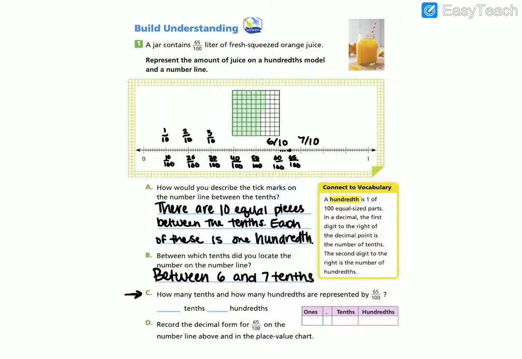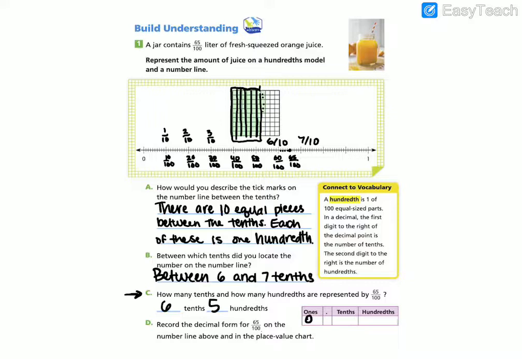So now we need to think, how many tenths and how many hundredths are represented by 65 hundredths? If I were to draw a line in my hundredths model around the complete columns, each of these columns is also equal to 1/10. So I have 6/10, and then I have my 5 that do not complete a column, my 5/100ths.